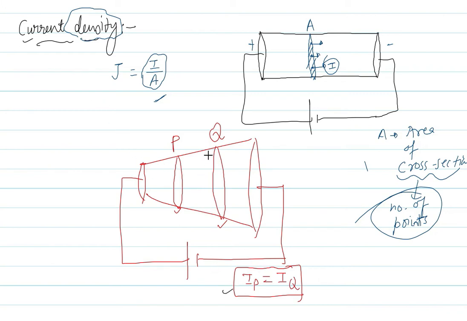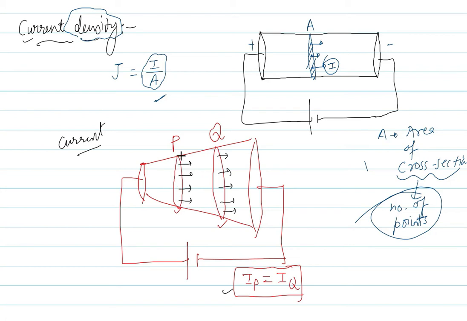Ip equals Iq. See, current is the total amount of flow of charge per unit time, right? So suppose some amount of charge is flowing through P in some time, right? As per law of conservation of charge, the same amount of charge will have to pass through the other cross section area as well, because law of conservation of charge says that charge can neither be created nor be destroyed.